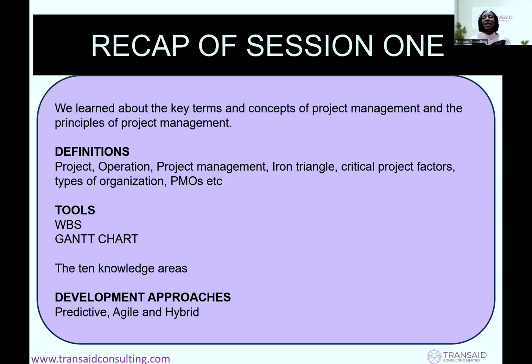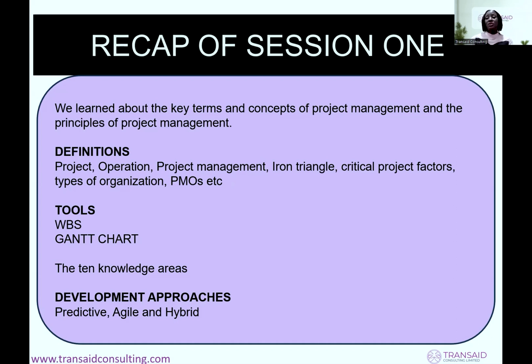Let's just refresh our minds about session 1. We learned about key terms and concepts of project management and the principles of project management. We looked at definitions of projects, operation, project management, the iron triangle, critical project factors, types of organization, PMOs. We looked at tools, work breakdown structure, the Gantt chart. Remember, I said simple tools, you can use Excel, so you don't need to spend much money looking for software for managing projects.